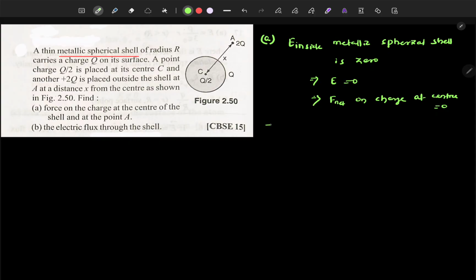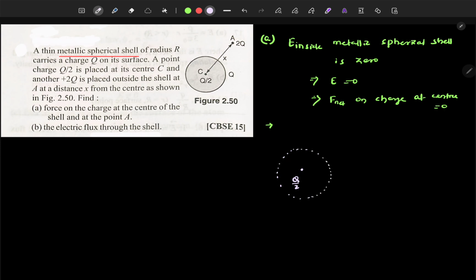Next, it is mentioned, find the force on the charge at point A. Remember one thing: at the center you can think Q by 2 charge is there, and throughout the surface capital Q amount of charge is present.